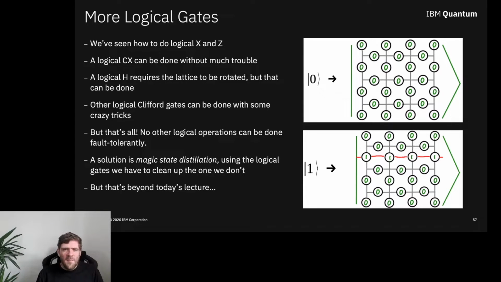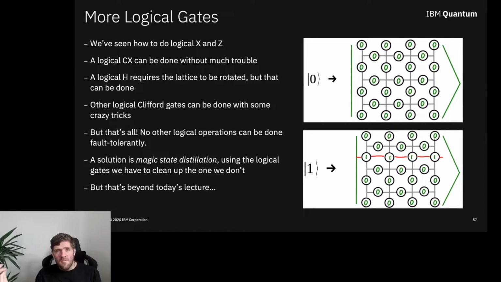And so you can basically convince yourself, hopefully, that if you do controlled NOTs between all of the qubits of one code and the corresponding qubit of the other code, then it will do a controlled NOT between those 2 codes. And because it acts independently on the qubits of each code, then any imperfections associated with that are just going to turn up as little single qubit errors that you correct.